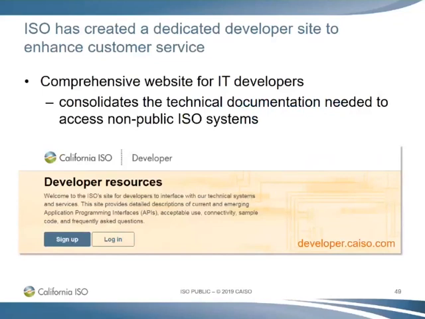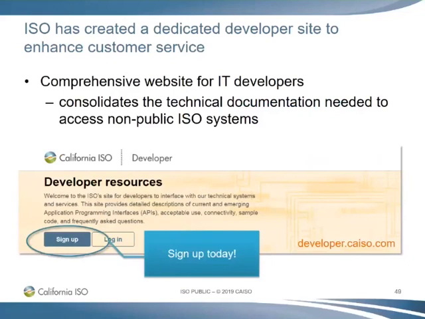Also, interface definition files, sample code, links, and frequently asked questions, along with getting started guides, and a glossary of acronyms and technical terminology common in our specification documents. In order to access the ISO developer site, you need to sign up and register.